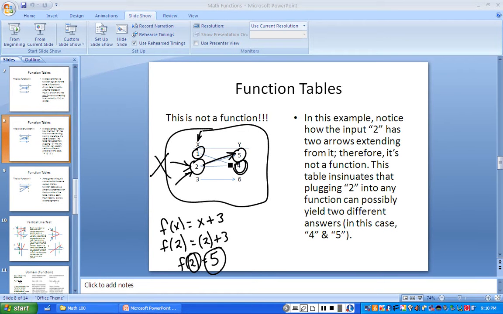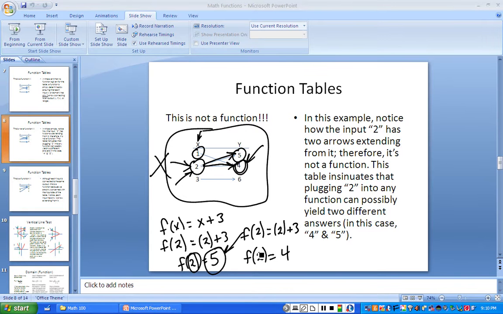Now, based on this right here, this is trying to say that magically, if I take this same function and plug in 2 again, somehow when I plug in 2, the answer is now going to be a 4. And we know that's not true. Every time we plug in 2, the answer is going to be 5 for this particular function.